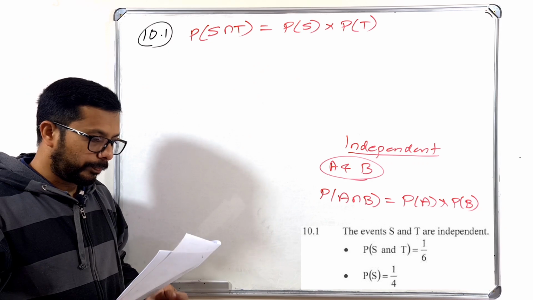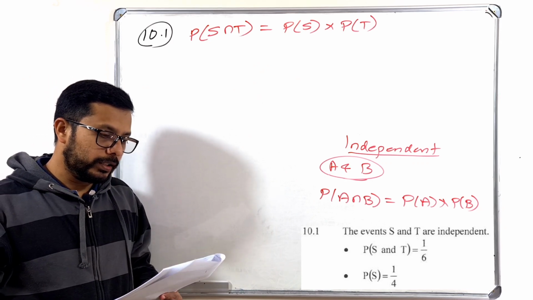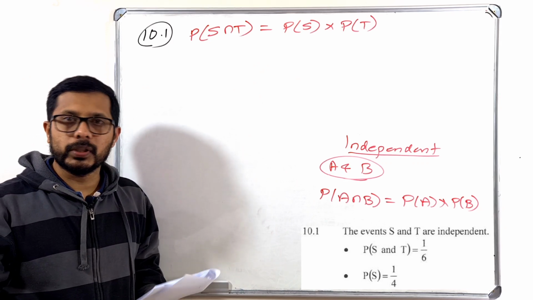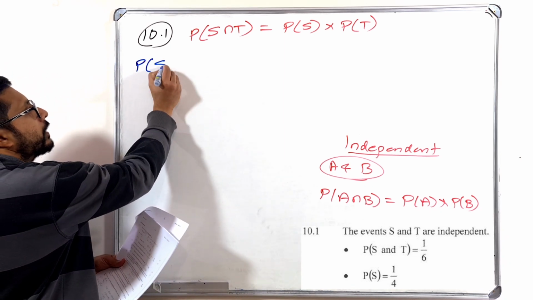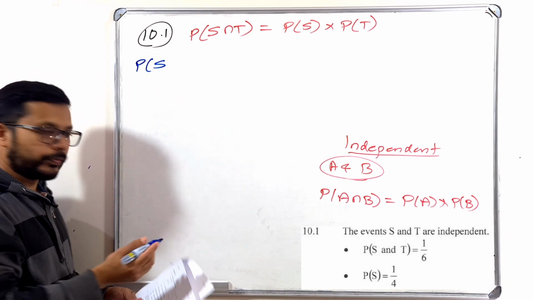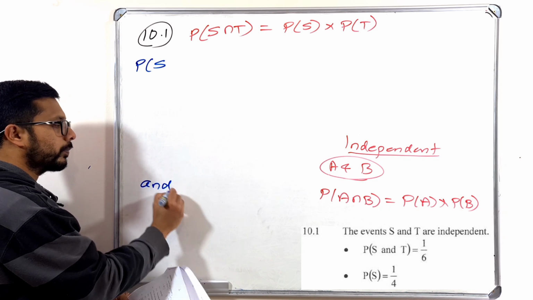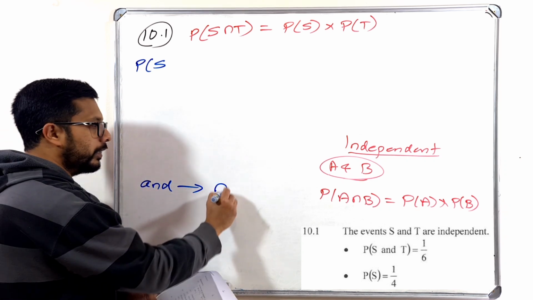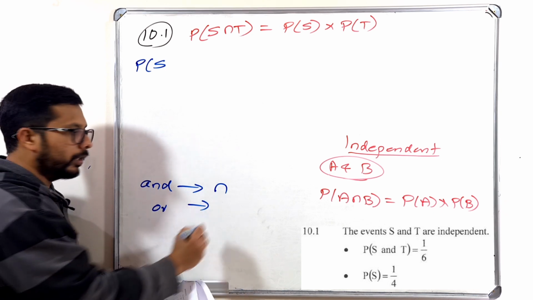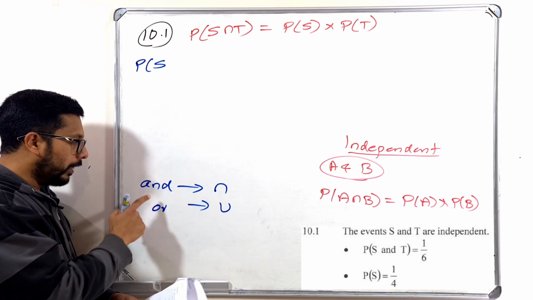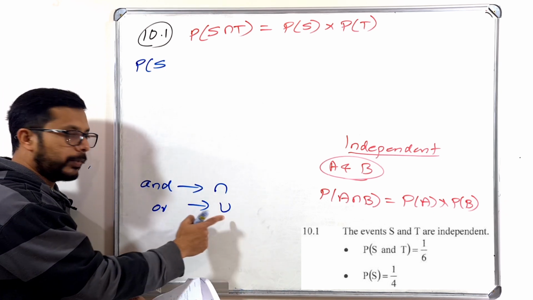Now the probability of S and T is 1 over 6. In the previous question I also explained that 'and' means intersection, and 'or' means union.